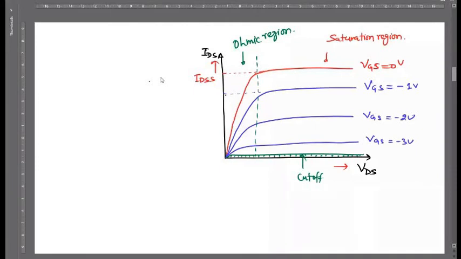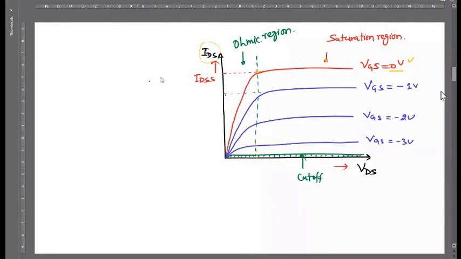Fine. And one more thing, we got to know that between the drain to source terminal, the current remains maximum in the case whenever no voltage is applied on the gate terminal. If you apply some positive voltage, this current will attain the similar level of this maximum value.